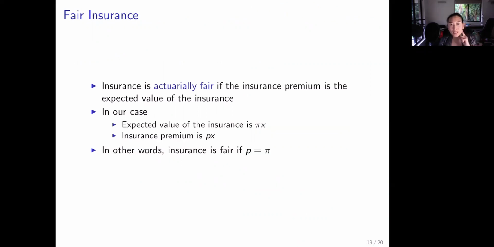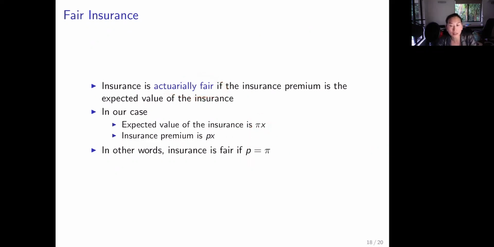Insurance is actually fair if the insurance premium is the expected value of the insurance. So when P is equal to pi, right? P is the premium, the price of the insurance, equal to the expected value of the insurance. So when P is equal to pi, that is actually fair, right?